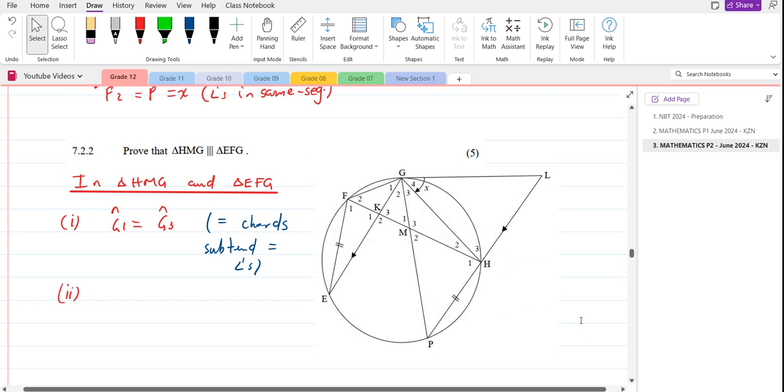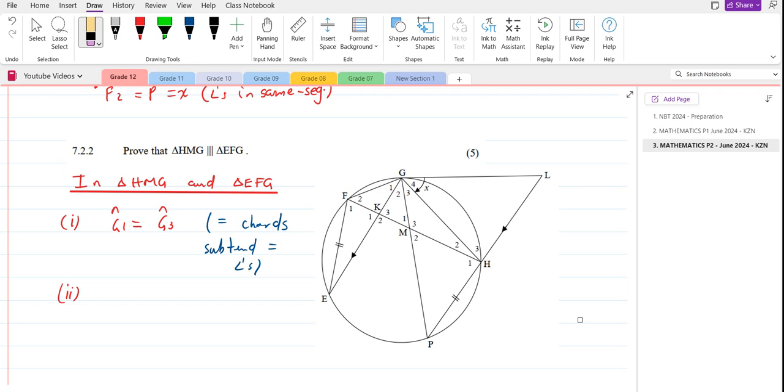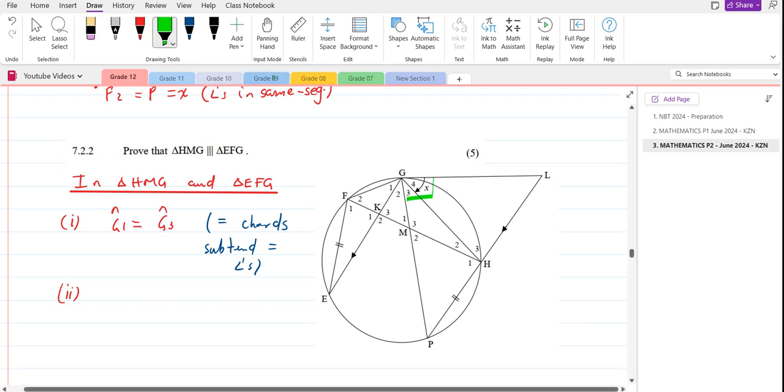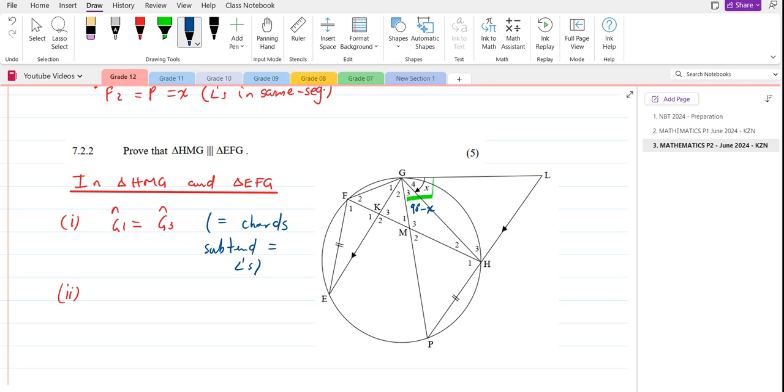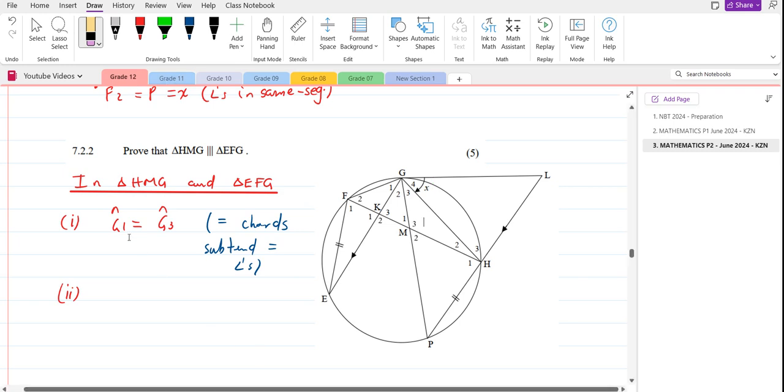So we know G3, G4 is 90. So this angle is 90 degrees minus x. We don't really need that now. No, actually we do need it. So we should change this. Let's change this a bit.